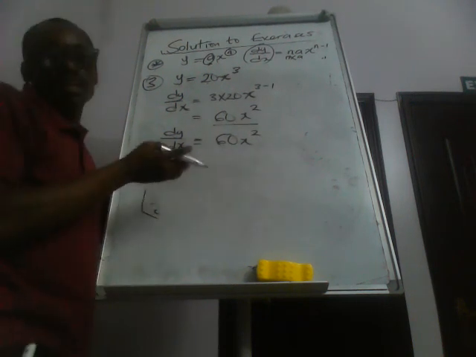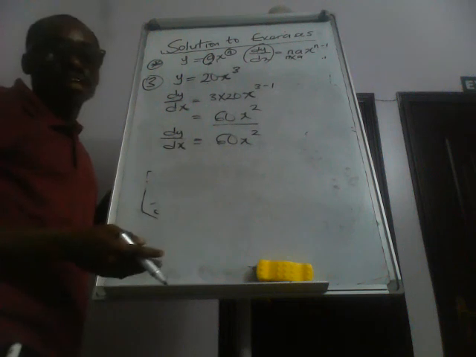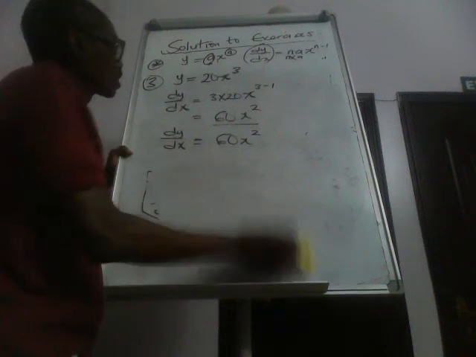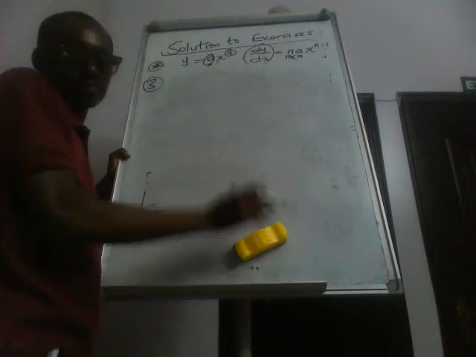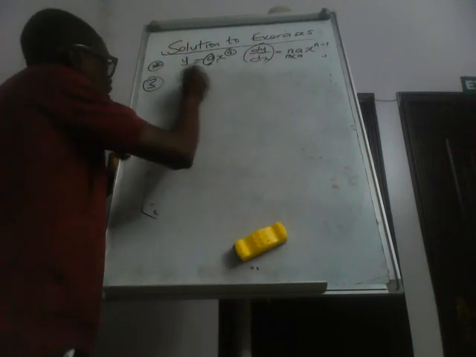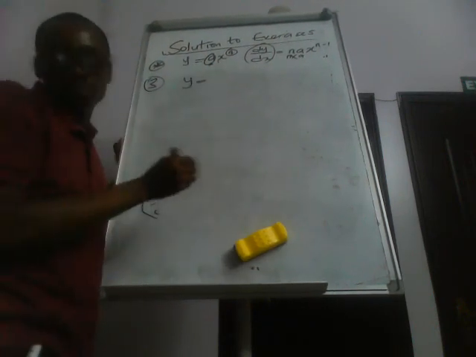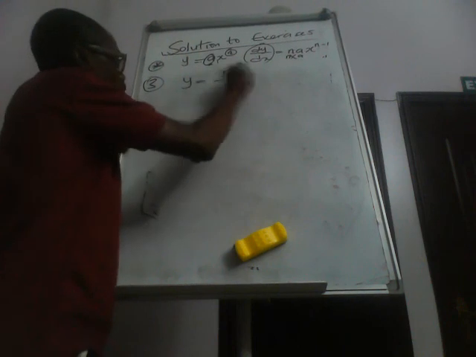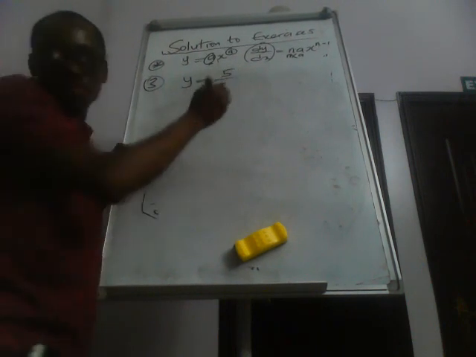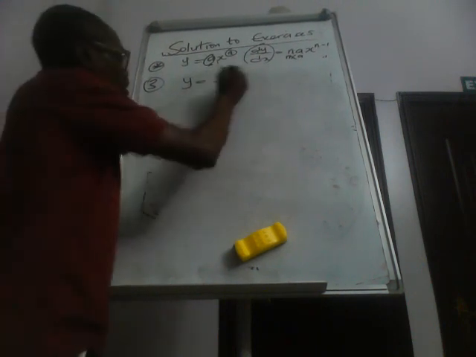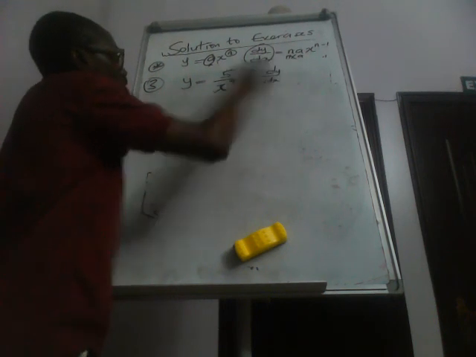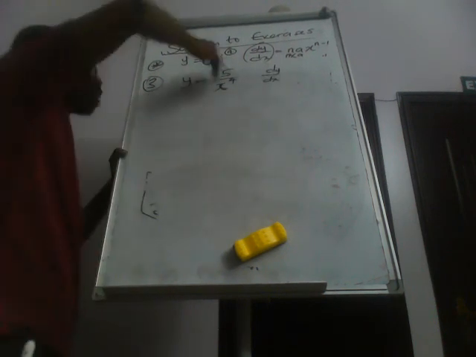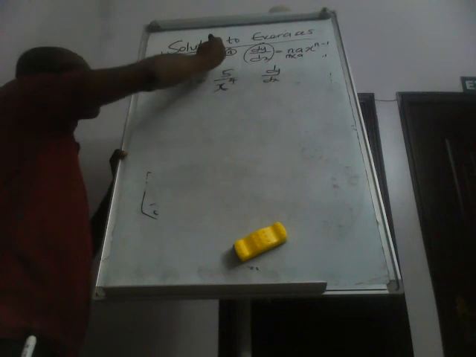And then I'm going to move over to the last one. The last exercise was, if y is equals to 5 over x raised to power 4, find dy/dx. So first and foremost, we have to change this to the general form.